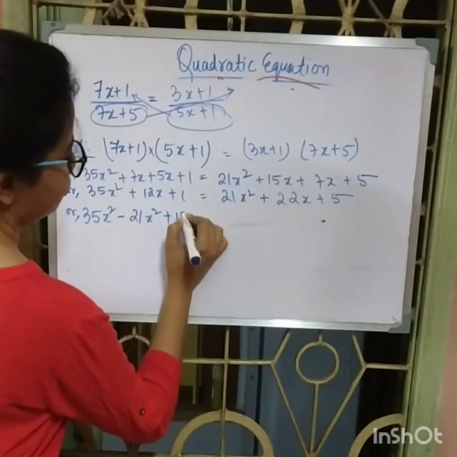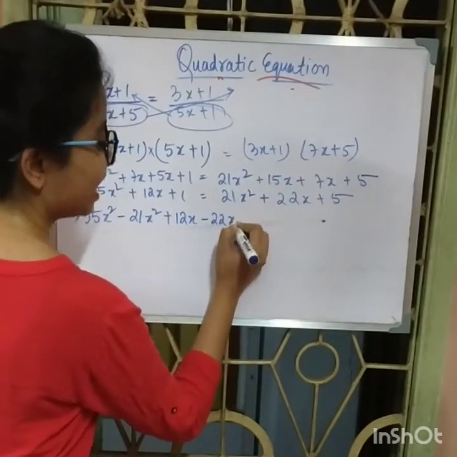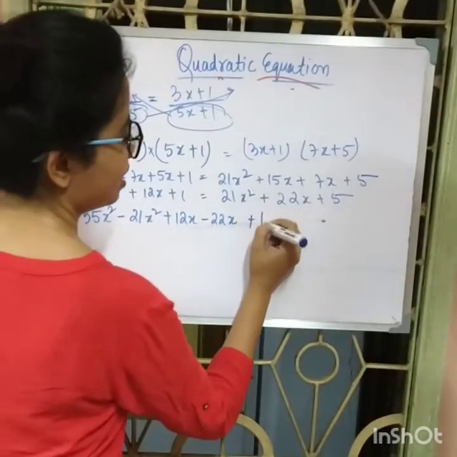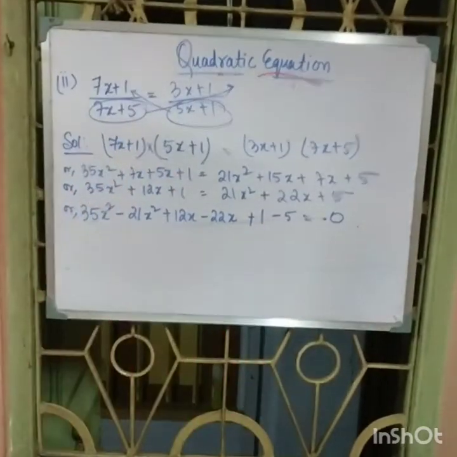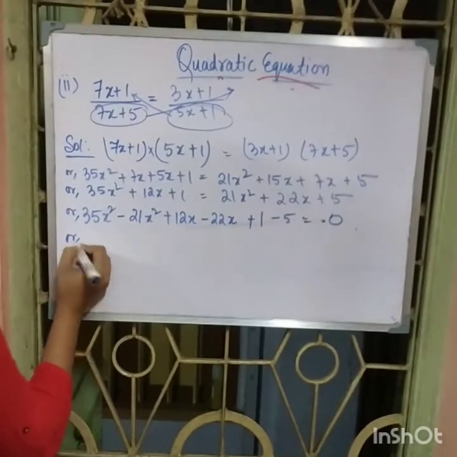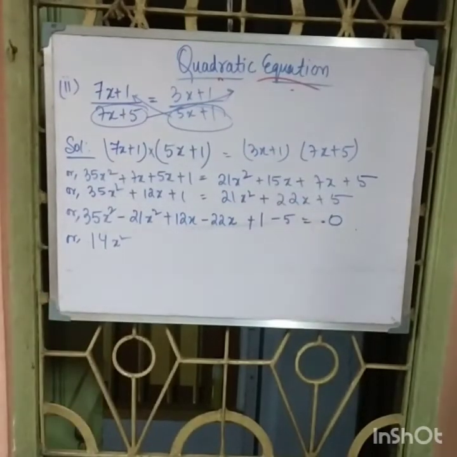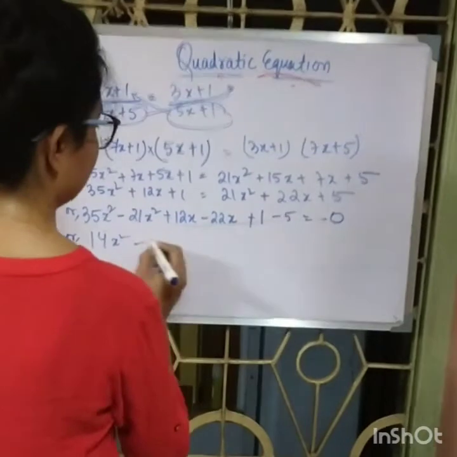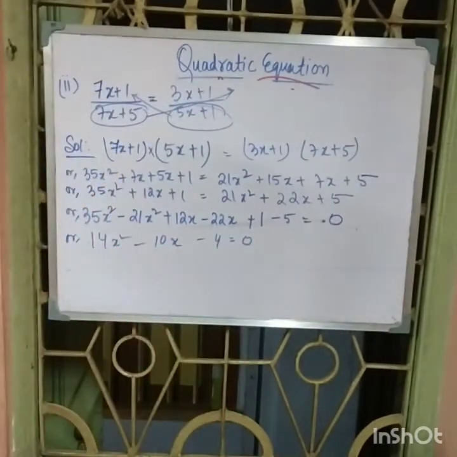Here it's plus 12x; when it comes to left hand side, it becomes minus 22x. Here is plus 1, and this becomes minus 5 is equal to 0. Okay. So no problem. So now it comes as 14x square plus 10x minus 4 is equal to 0.